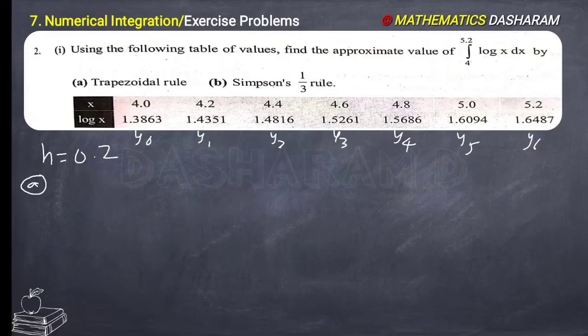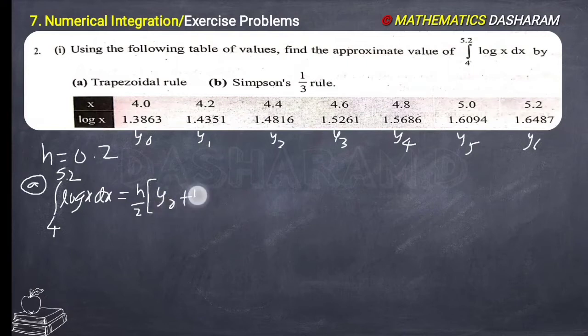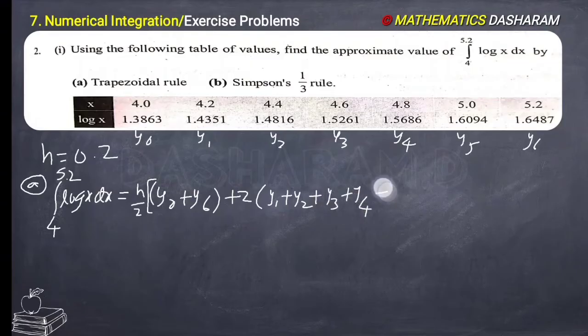Then integration of 4 to 5.2 log x dx equals h by 2 bracket of sum of first and last ordinates, that means y0 plus y6, plus 2 into sum of remaining ordinates, so y1 plus y2 plus y3 plus y4 plus y5.